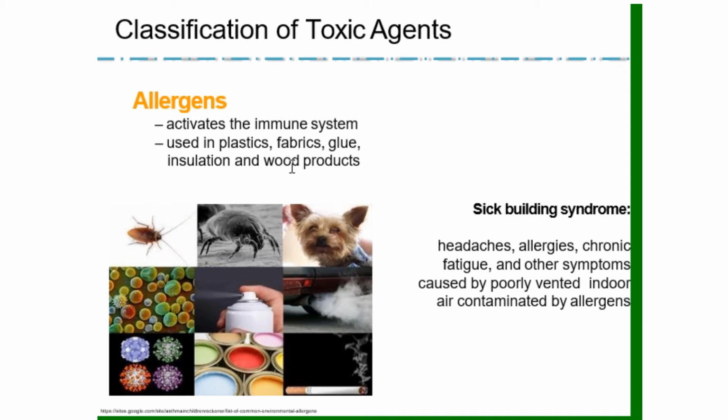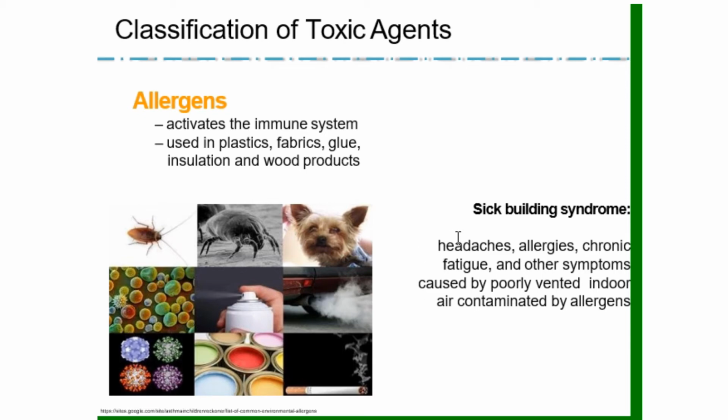And what are the examples? Let's say for instance we have materials used in plastics, fabrics, glue, insulation, wood products, or let's say we have the dogs, we have insects, we have smoke if you're allergic to that. So therefore these allergens will activate your immune system. So it could also build a sick building syndrome.